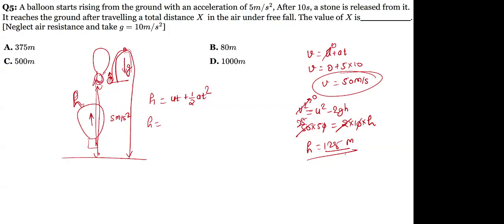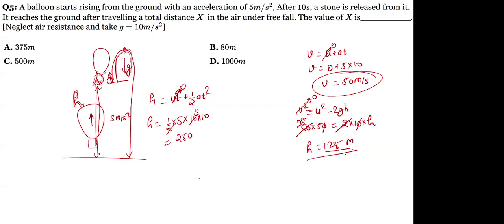So h we can calculate as ut plus 1 by 2 at square. Now u is 0. So it will be 1 by 2 times 5 into t square, which is 10 square, which is 100. 2 fives are 10, 5 fives are 25. So 250.